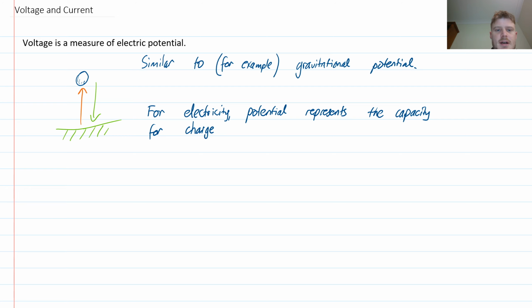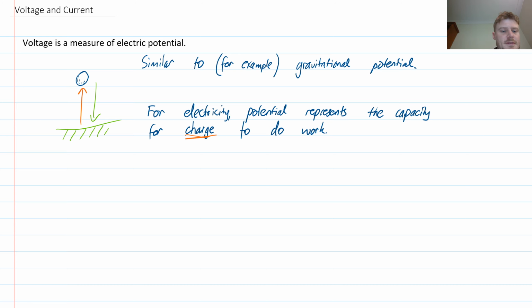So remember, charge being, for instance, some electrons in a system, for charge to do some work, to cause some effect to happen, for example, lighting up a light or running a heater or turning a motor or so on, all of the things that electricity can do. So this potential represents this capacity for charge to do work.